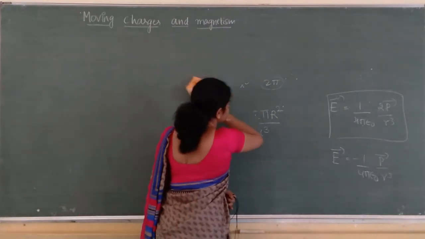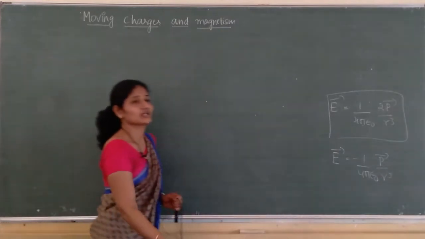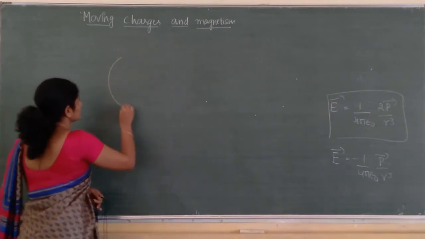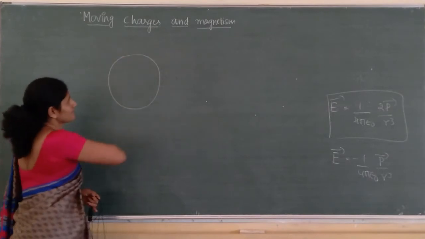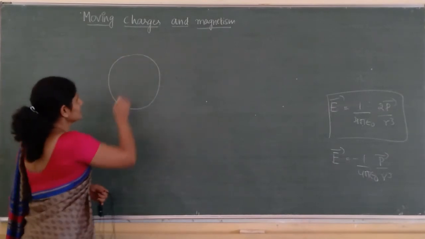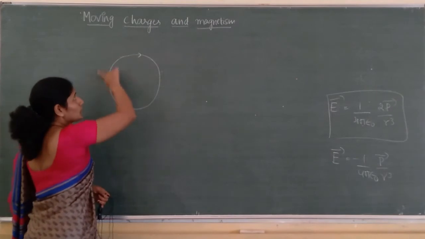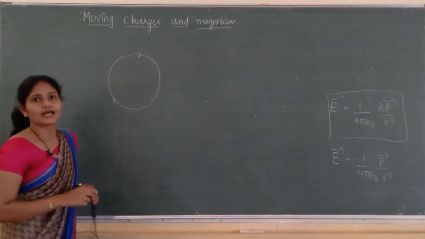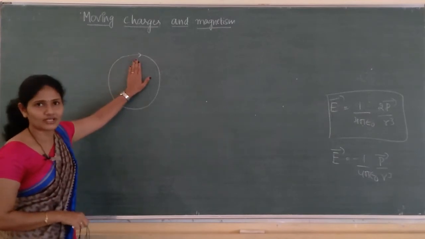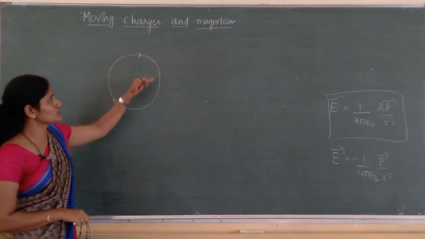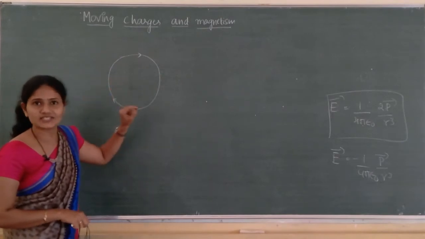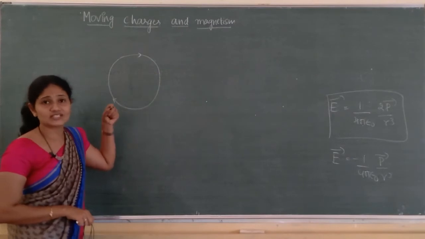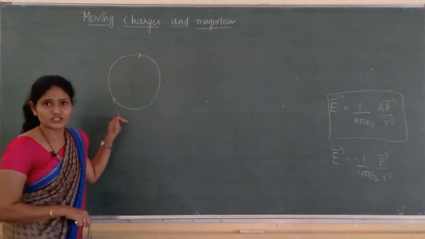If there is a coil in which the current is flowing in clockwise direction, just consider one coil. In this coil the current is flowing in clockwise direction. We know that when current flows through the coil, magnetic field is generated around the space.